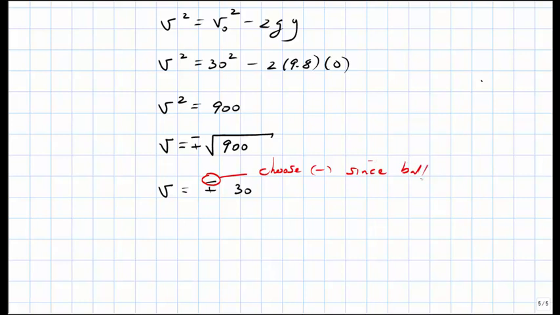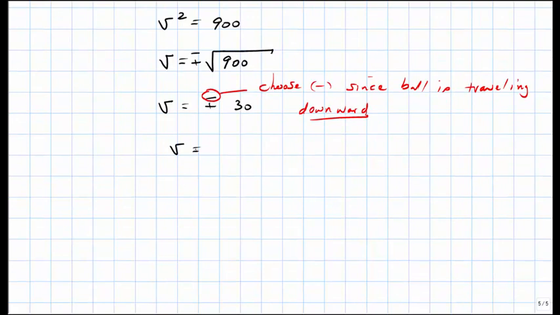And again, that's because the ball is traveling downwards. And so our answer is v at the rooftop level just equals negative 30, and the units for velocity are meters per second.